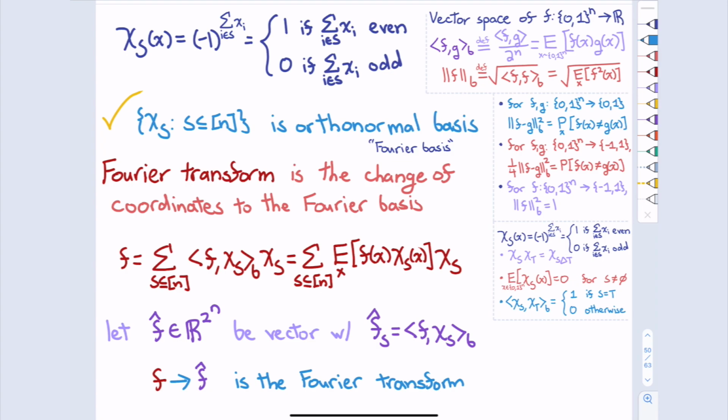I'm going to let f hat be that 2 to the n dimensional vector with coordinates indexed by subsets, where f hat sub s will be the inner product of f and the s parity function, the s basis function.